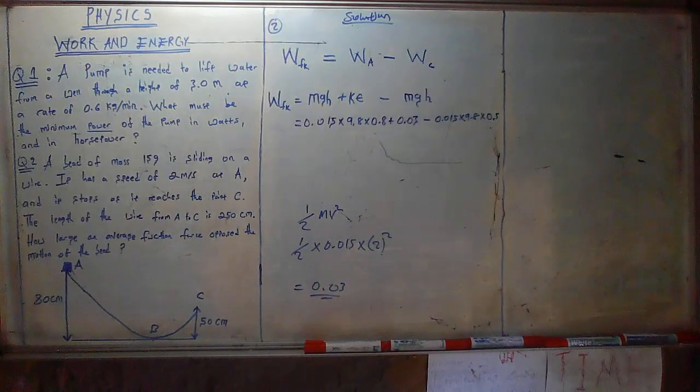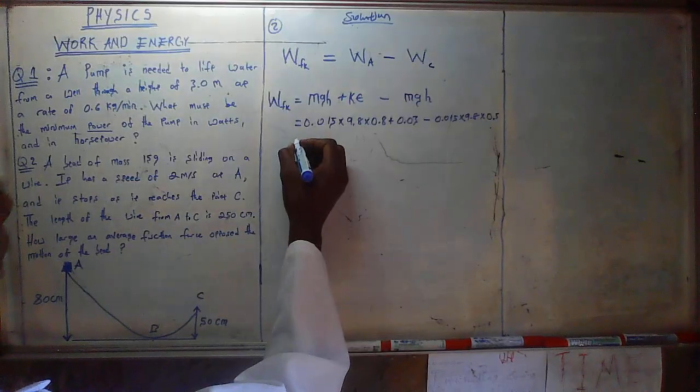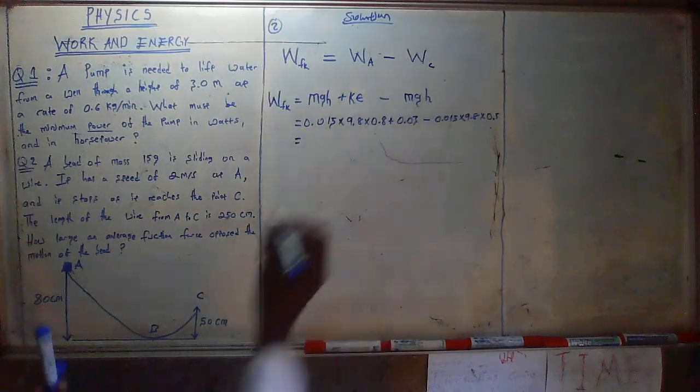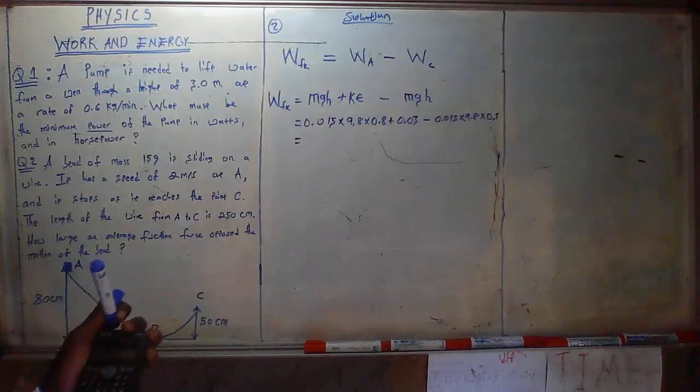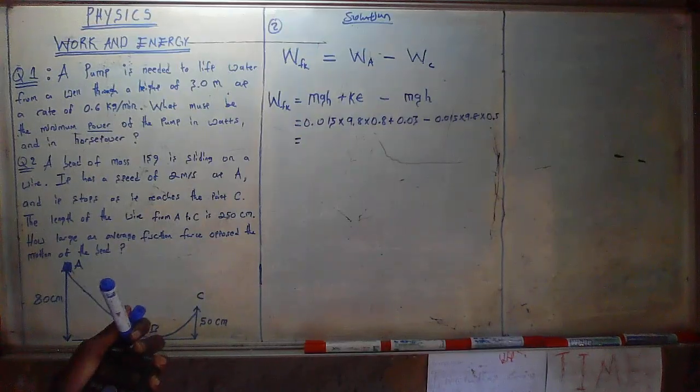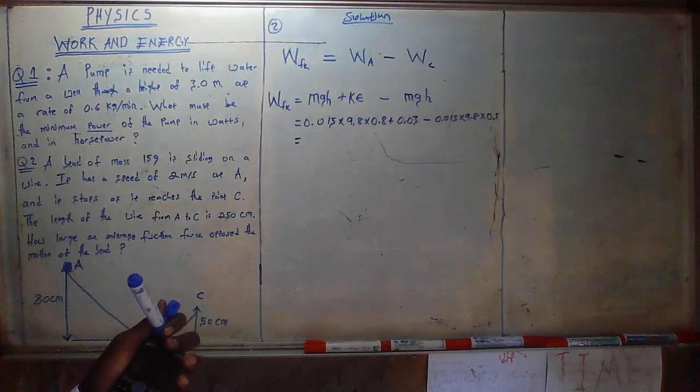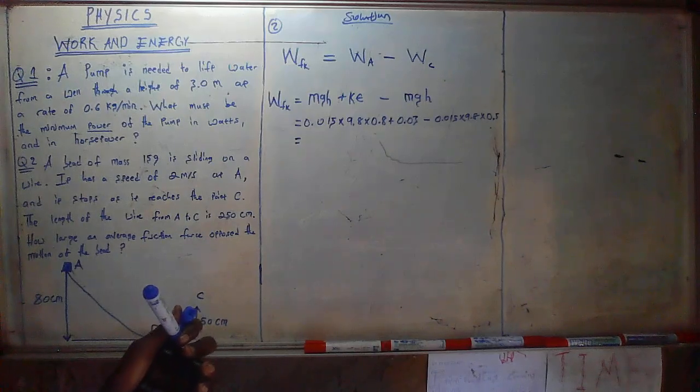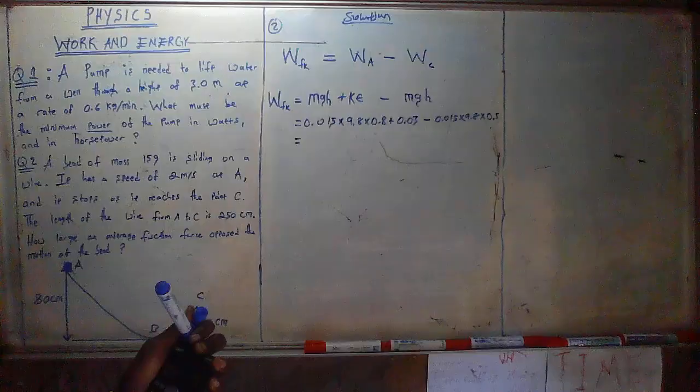From there, we can actually punch. Let's start with this part, so it will be 0.015 by 9.8 by 0.8. Then the answer plus 0.03.